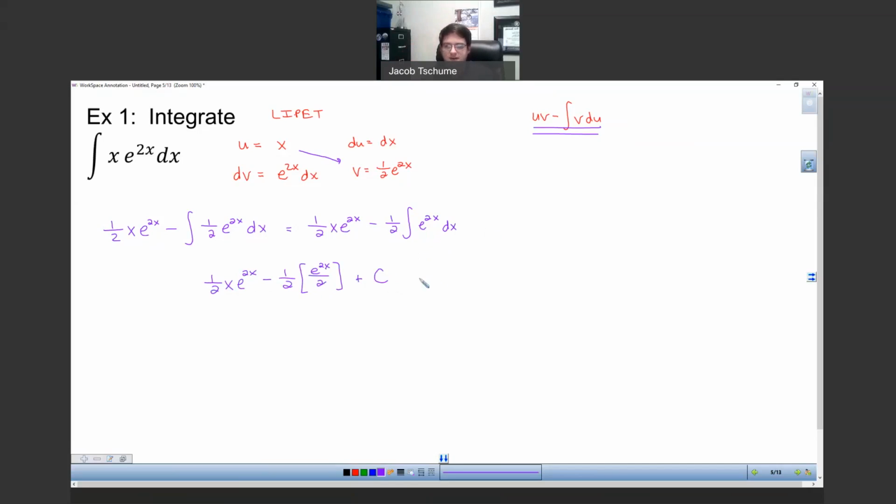And then if you simplify this a little bit, you can write your final answer as 1/2 x e to the 2x minus 1/4 e to the 2x plus an arbitrary constant c. And that is the idea of integration by parts. Label your u, label your dv, solve for the opposites, and then plug everything into your formula.